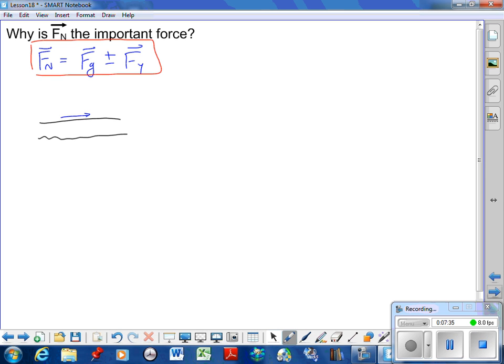So if we're rubbing the two surfaces together, then if you increase your normal force, you're going to increase your force due to friction. So in this case, for this picture here, force due to friction would be the interaction multiplied by the normal force, which would be mu Fg.